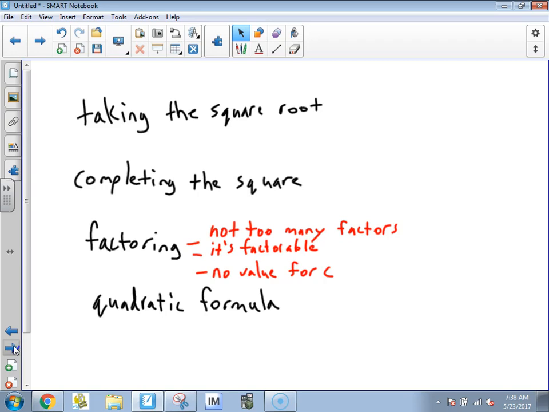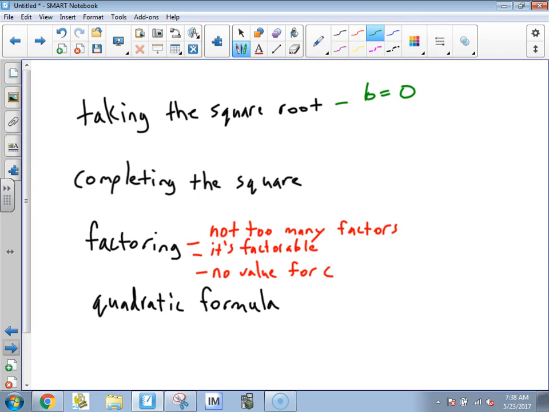Okay, then after you check to see if it's factorable, you check to see if using the method of taking the square root would work. Okay, so reasons why you would use that method: b equals 0. That's the number in front of the x term is equal to 0, or you don't even see the x term.